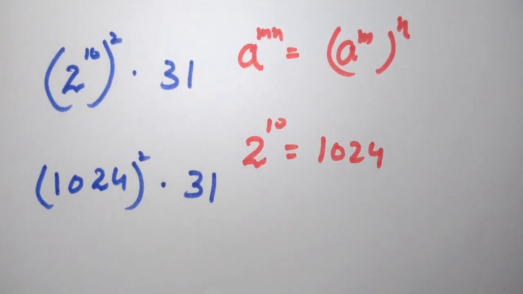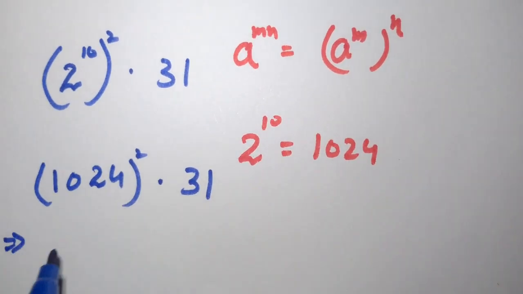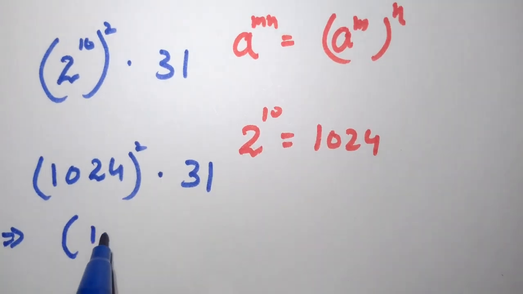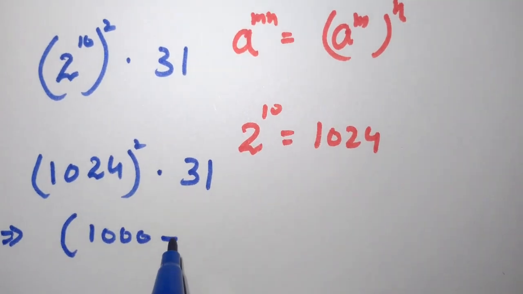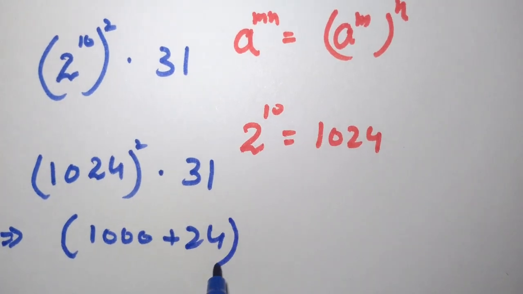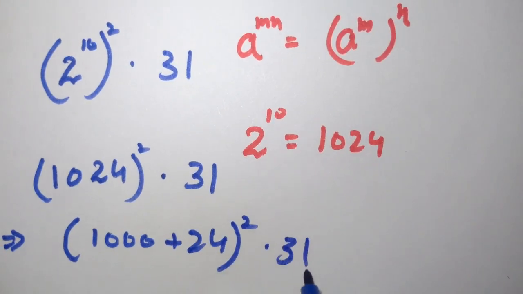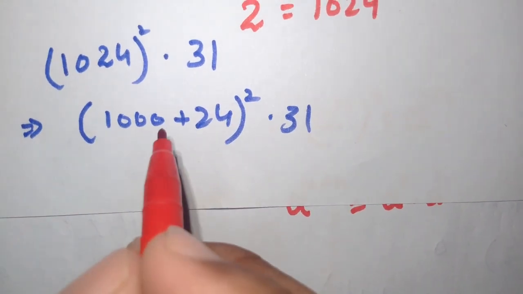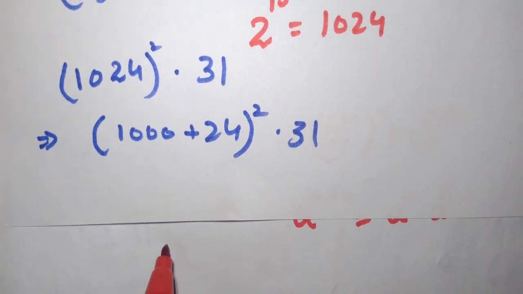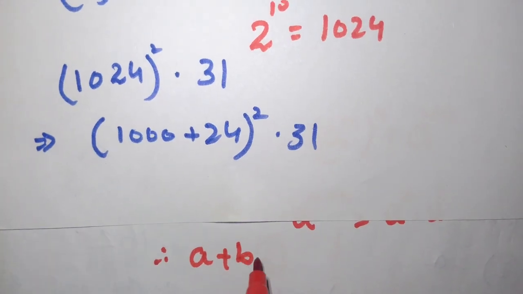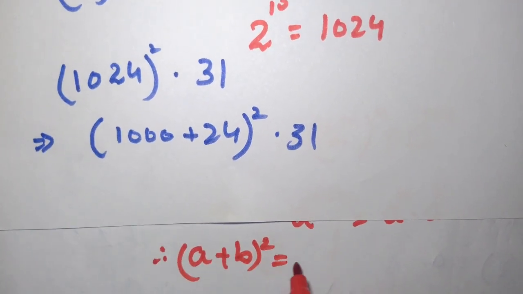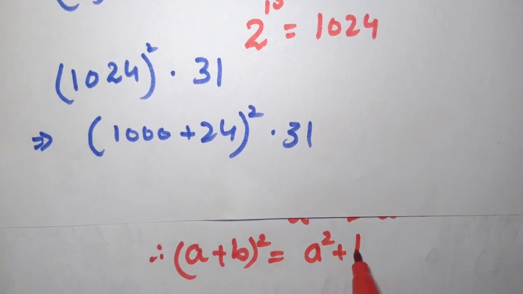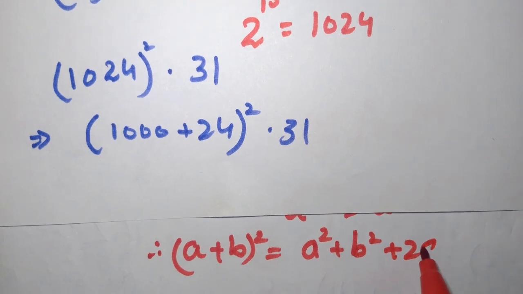We have to split this into 1000 plus 24, whole square, times 31. Now to solve this, we have to use the identity a plus b whole square is equal to a square plus b square plus 2ab.